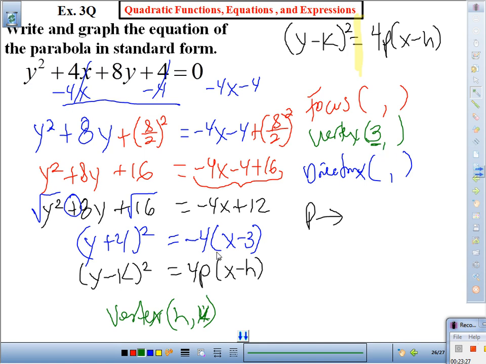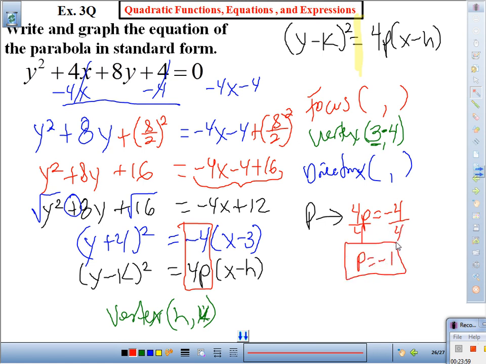What is k? It's negative 4, because this is supposed to be a negative, so it's negative 4. So far, so good? All right. How do we find the value of p? So you box these, because these are aligned, and what do I write? 4p equal to negative 4 divided by 4. P equals negative 1.